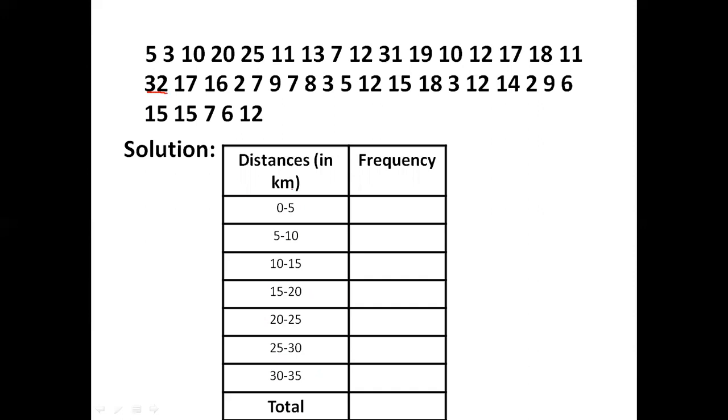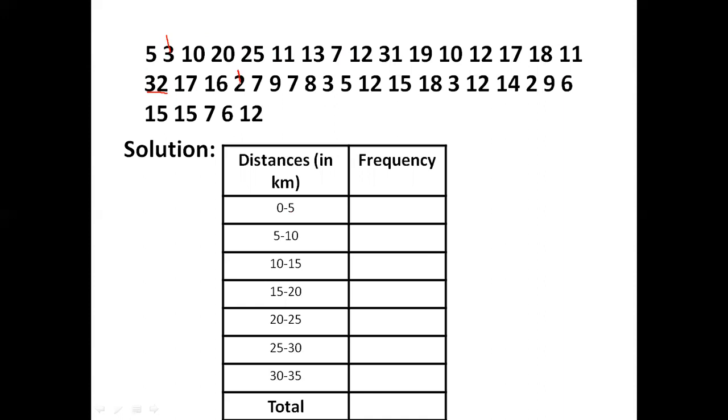Now we will start counting the distances which are between 0 to 5 kilometers. I can't take 5, so I will take this 3. So this will be 1. Then 10 is bigger, so it is not in this class interval.